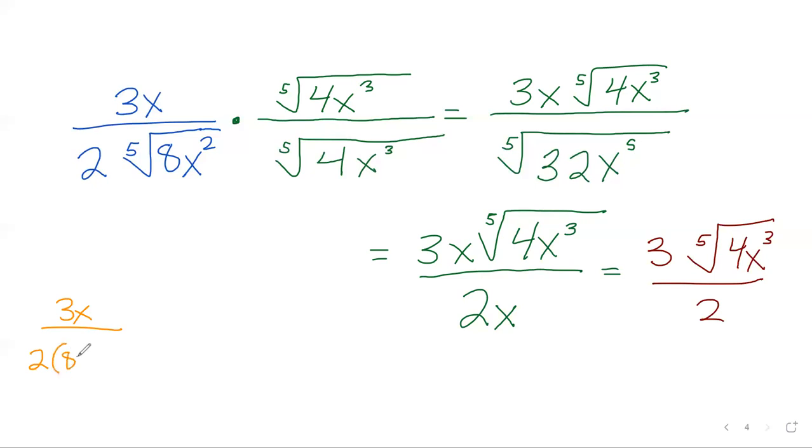So I'll do 8x squared to the 1/5. So that's going to be 3x over 2 times 8 to the 1/5 times x to the 2/5.